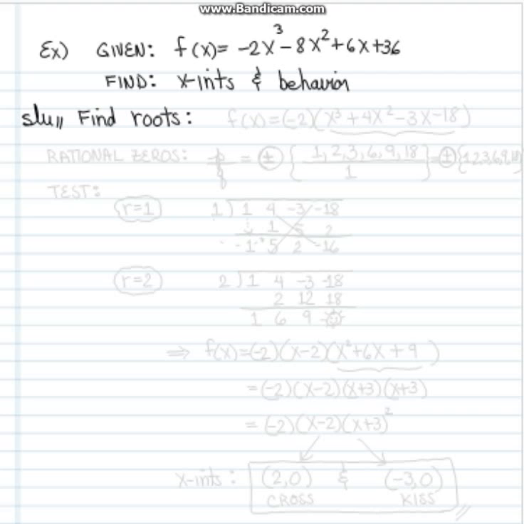So we're going to have to factor f of x, pull out the greatest common factor, which is negative 2, times what remains: x to the third power plus 4 times x to the second power minus 3x minus 18.